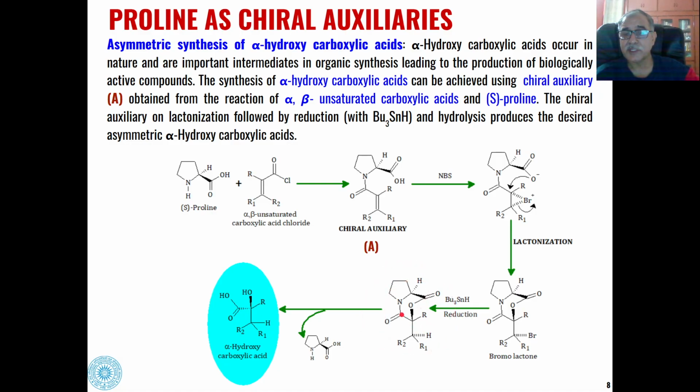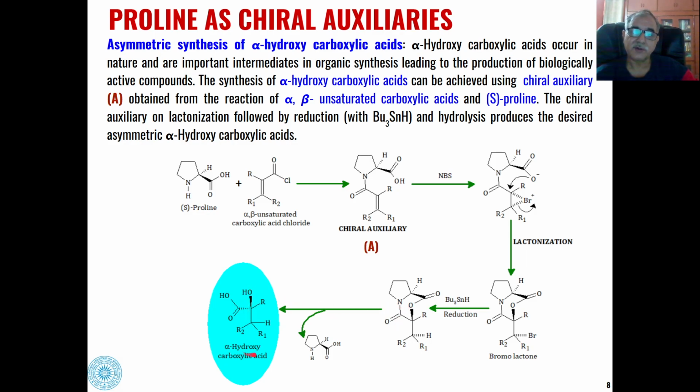So hydrolysis will take place. One is at this place, hydrolysis of this nitrogen carbon bond, the amide bond, will take place. So here you will get carboxylic acid, and then hydrolysis of this ester group will take place, and here this bond will break, OH will get attached to this, and H will get attached, and L-proline will be generated back, and in the rest of the molecule you can see here you will get carboxylic acid, and here you will get hydroxy group.